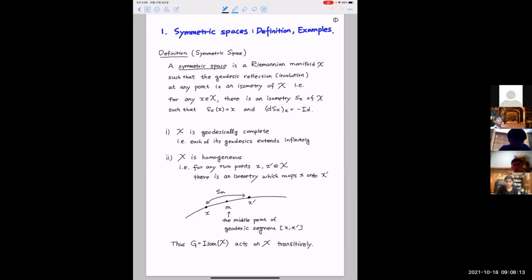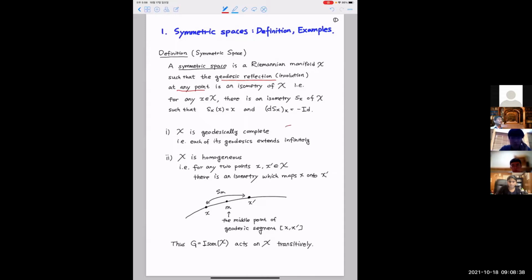A symmetric space is a Riemannian manifold with a specific property. That property is that the geodesic reflection at any point is an isometry of X. So what is a geodesic reflection?